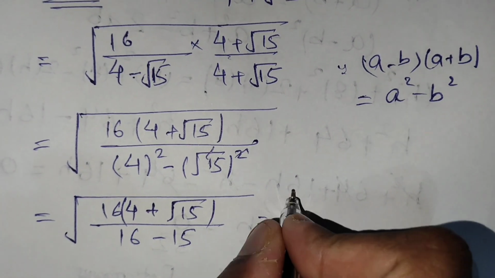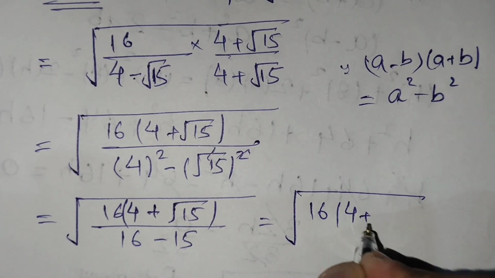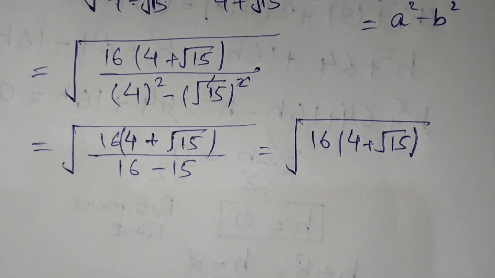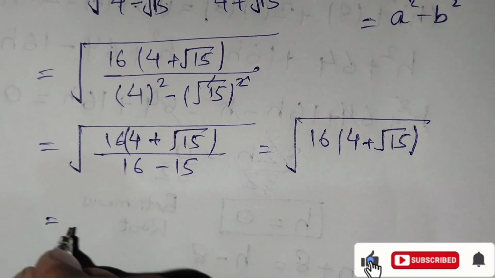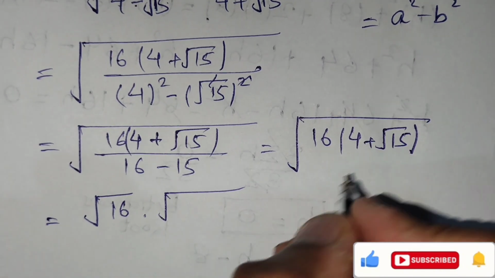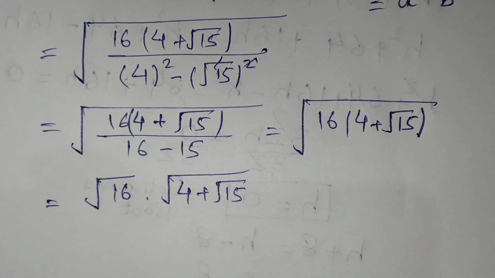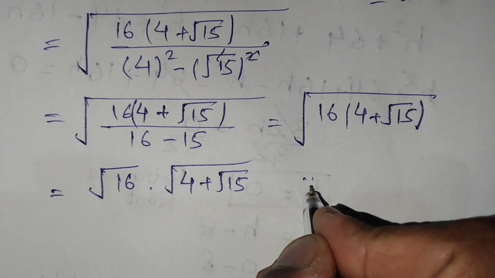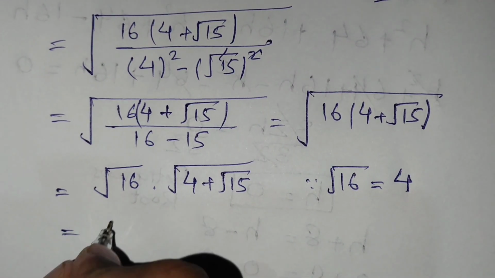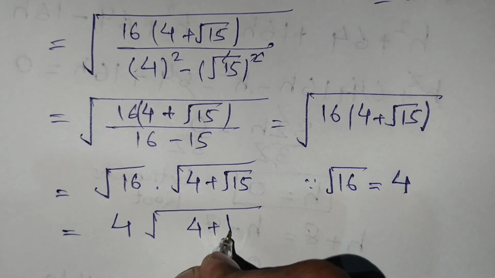This is square root of 16 times 4 plus square root of 15. Now this will be equal to square root of 16 times square root of 4 plus square root of 15. We know that square root of 16 is equal to 4. So this will be 4 times square root of 4 plus square root of 15.